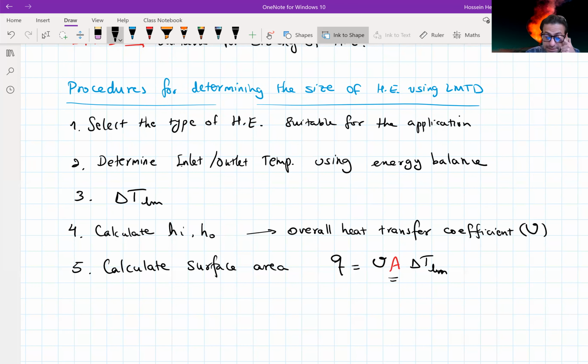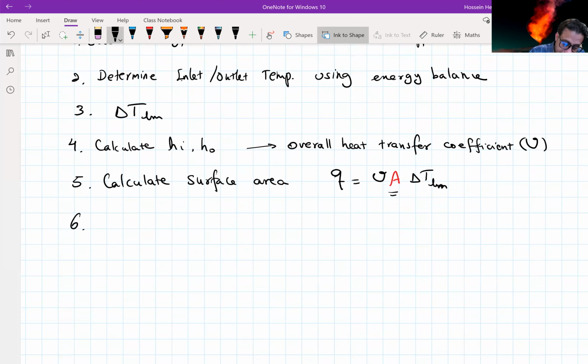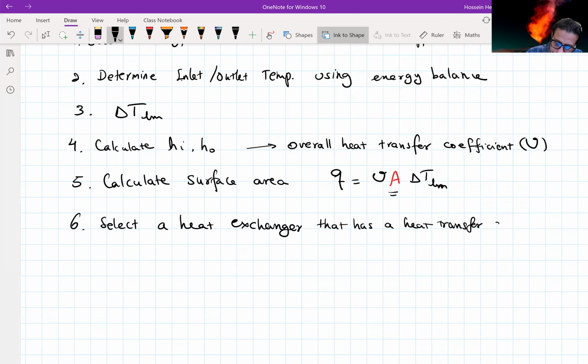Now, based on the surface area, we select a heat exchanger that has a heat transfer surface area equal to or larger than A. Up to here our task is done.